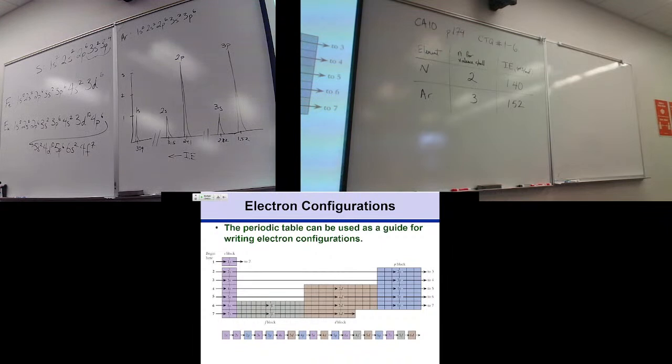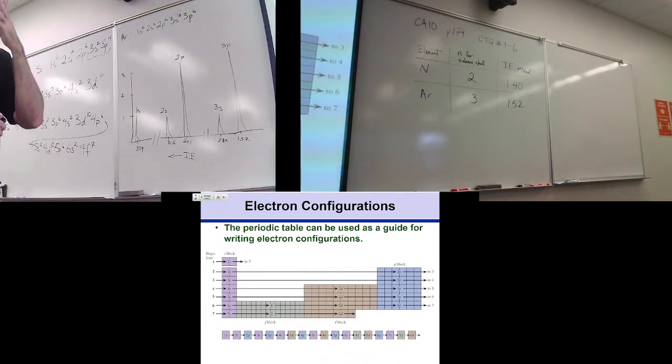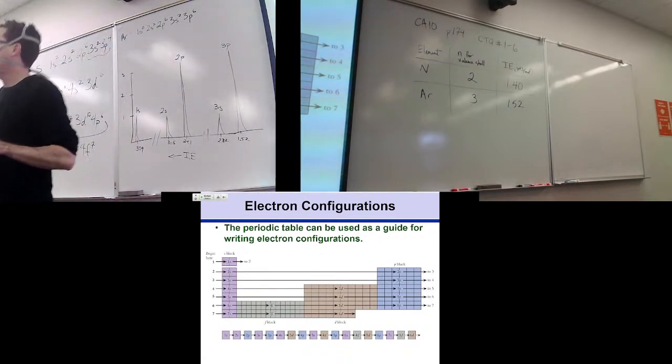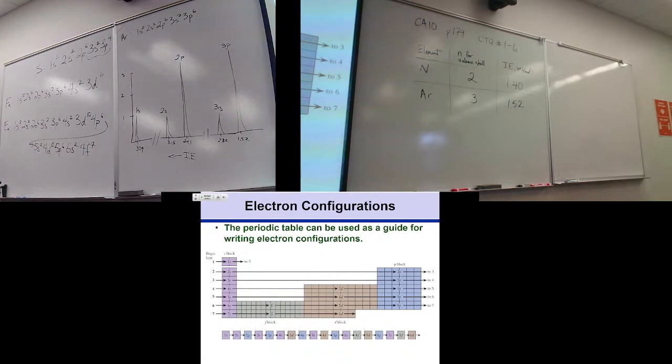Can the F block hold 16? The F block holds not 16, 14. So this table, I think it's kind of screwed up. This should be here, and these two should be there instead.